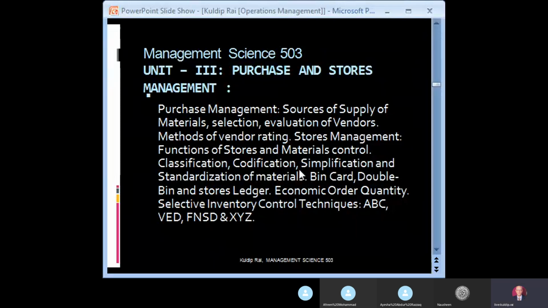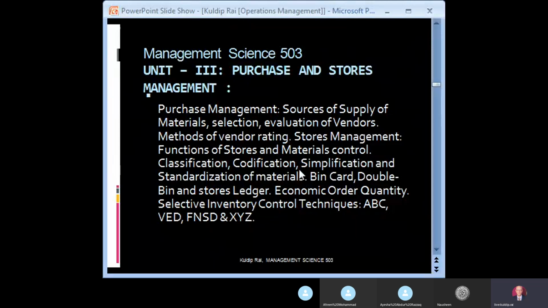Now, if my code is numeric, since I have only 10 digits, the code will be longer. More digits have to be used. If it is alphabetic code, the code length will be smaller. If it is alphanumeric code, the code length will be still smaller. Therefore, it is always preferable to have alphanumeric codes.